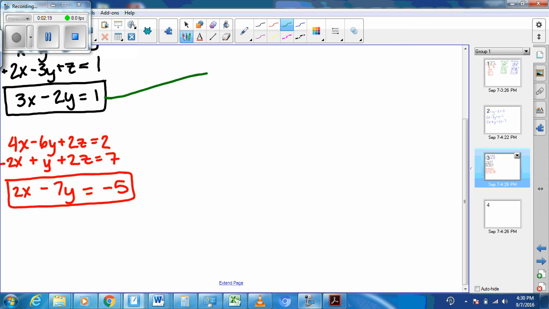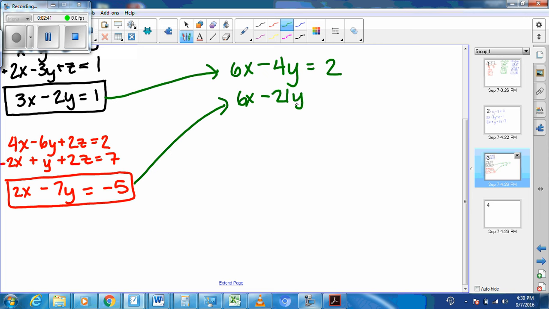So if I pull this guy over and multiply by 2, I'm going to get 6x minus 4y is equal to 2. Now, while I pull this guy up, I'm going to multiply him by 3. So I get 6x minus 21y, and negative 5 times 3 is negative 15.